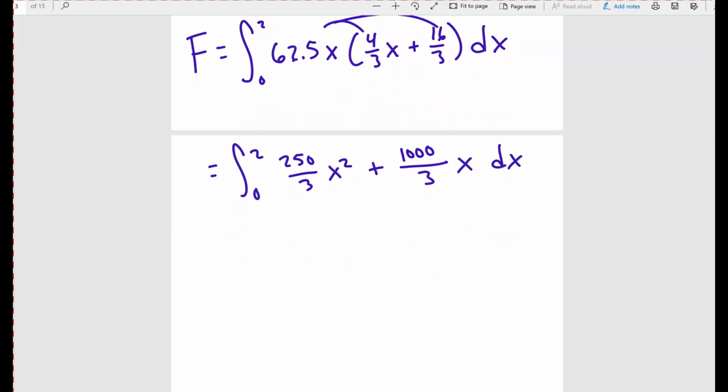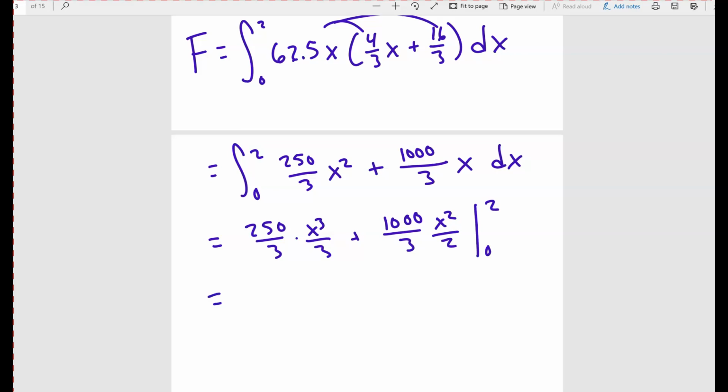All right, and now all I'm going to do is take the antiderivative. So this is just going to be equal to 250 over 3 times x cubed over 3 plus 1000 over 3 x squared over 2, from 0 to 2. So then I'm just going to plug in the 2.